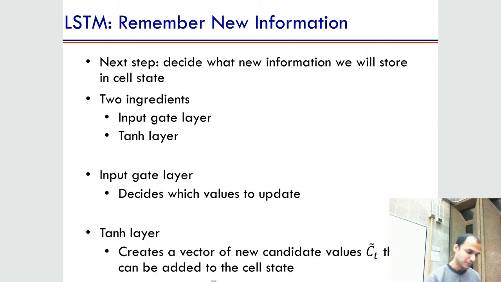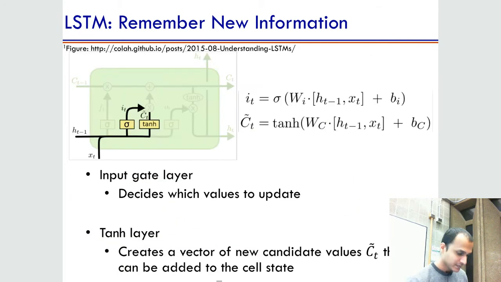Let's look at this part of the architecture. I have the same ht-1 and xt in the bottom left. I take those two and pass them through a gate. The gate is this thing over here, the sigma, that computes a bunch of numbers between 0 and 1.